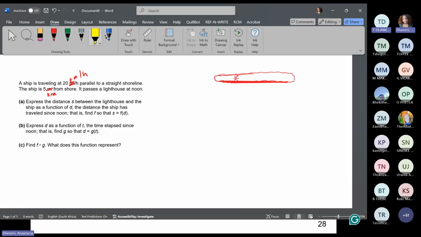Are we all together? The shoreline is where there's sand and then the beginning of the ocean.